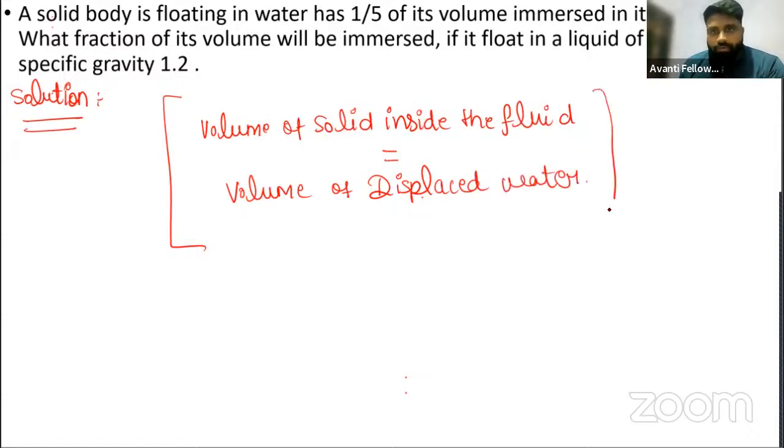Okay, because whenever the solid, any material you drop it into the liquid, it will displace the same volume of water. Okay, so this is the concept of this question. We are going to use this.